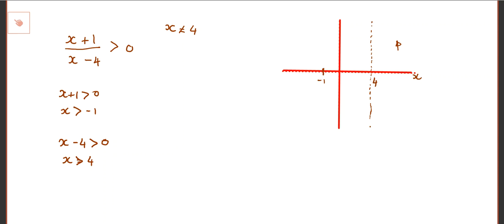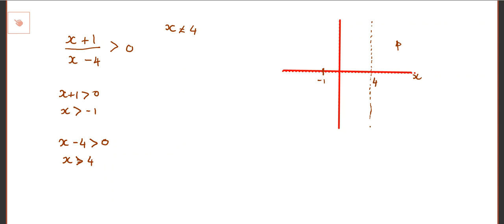But what we should do is confirm that. Really, the easiest way to confirm it is we know this is an asymptote, so this point must be what? Where it crosses the axis. Yeah. Okay.